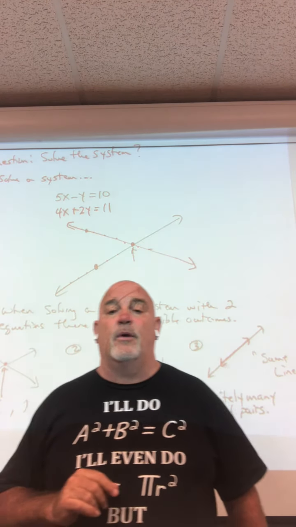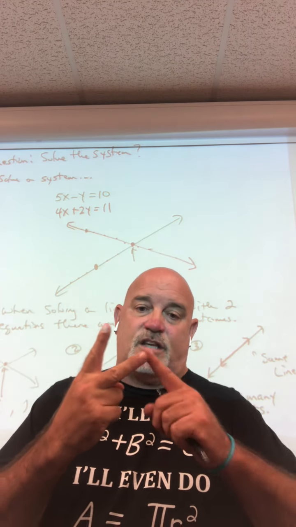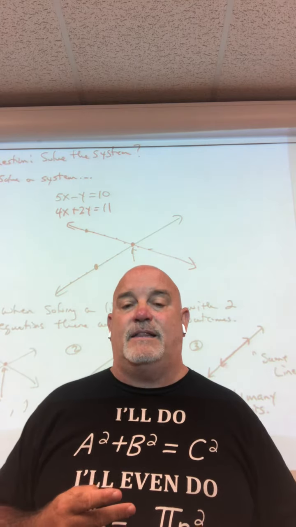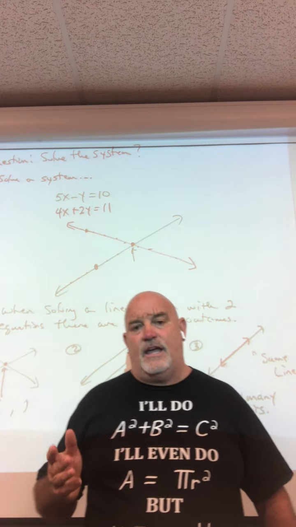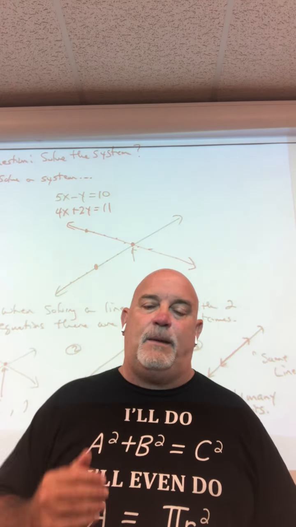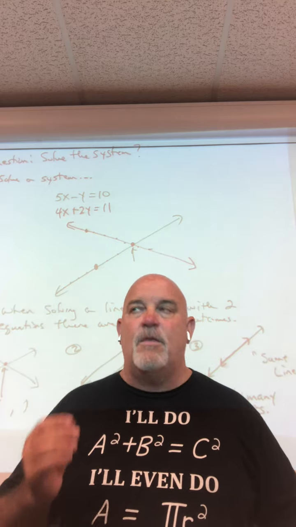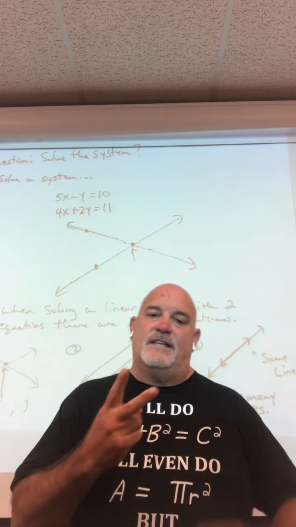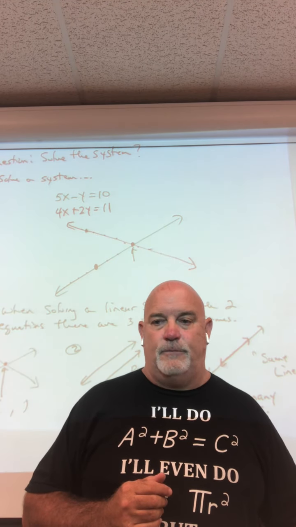Okay, so here's what we're going to do. We're going to use 2 methods to solve the problems. Now, either one of these methods will work at any moment in time. You say, well, if they both work at any point in time, why do both methods? Let's just do one. The reason is because sometimes one of the methods is a little easier than the other. And I'll explain that as we go through.